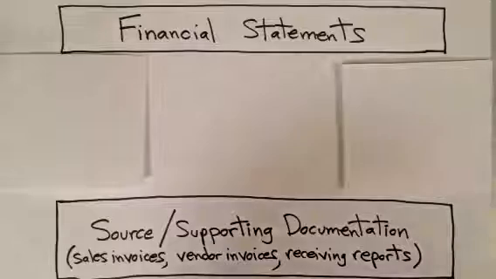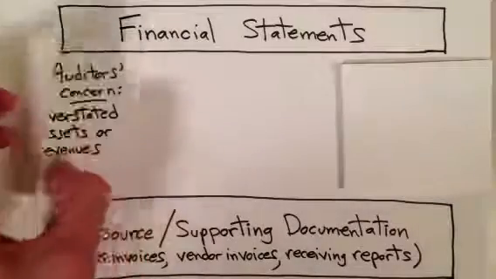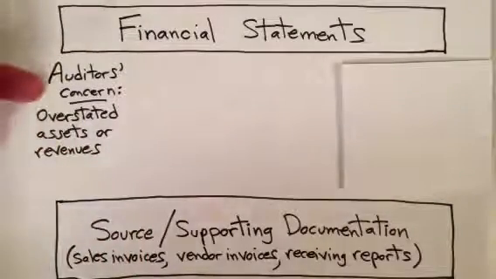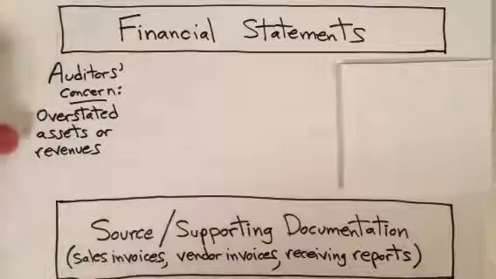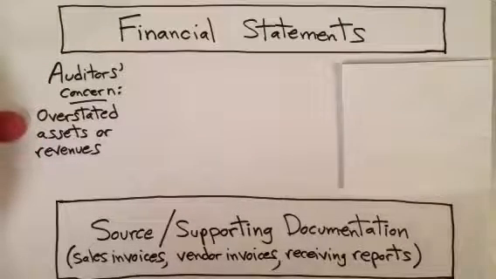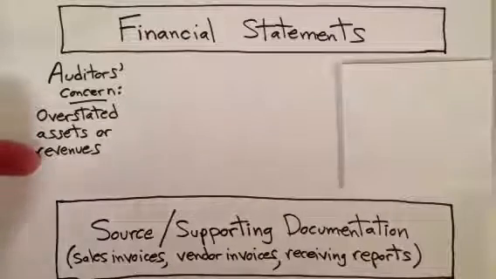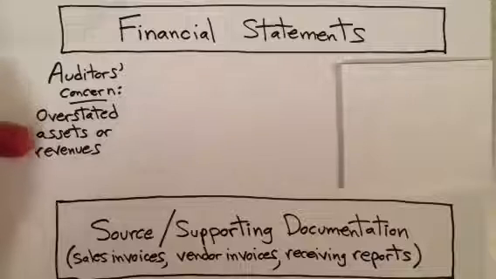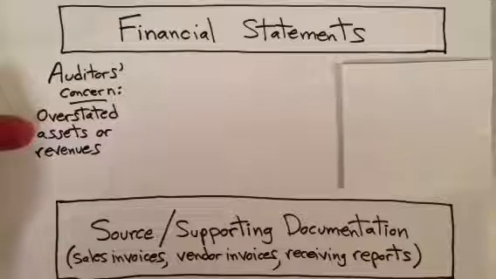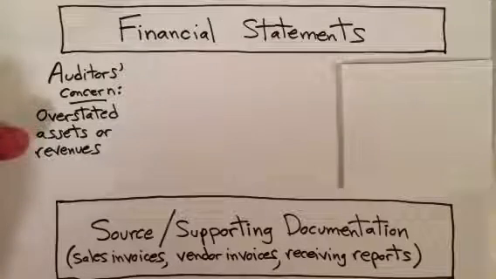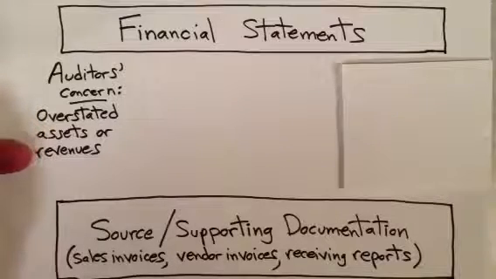So let's talk about two things that auditors are worried about. In this process, one of the first things that is a concern of the auditors is that the client has overstated the assets or the revenues that are in the financials. That is, it's possible our client has material overstatements of assets in the balances shown on the balance sheet, and possibly has material overstatements of revenues in the balance shown on the income statement.